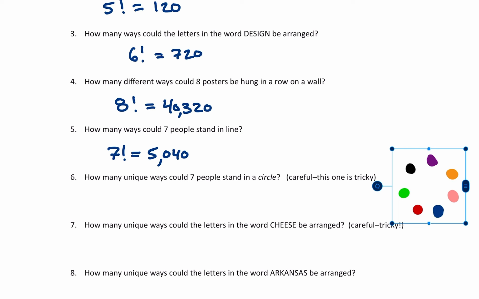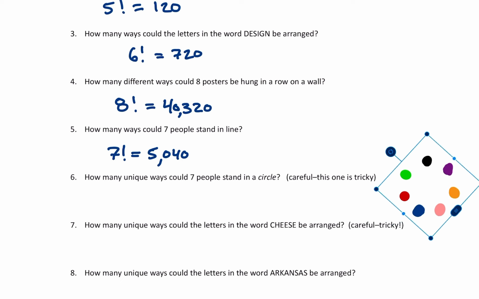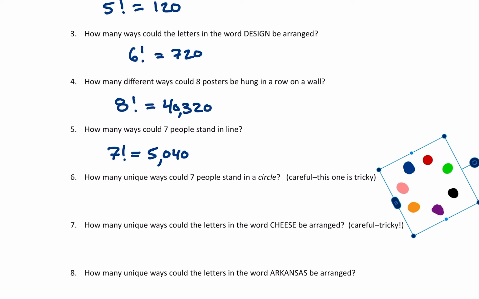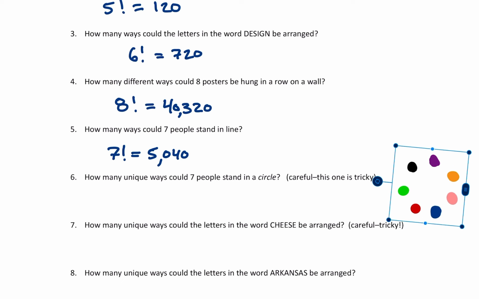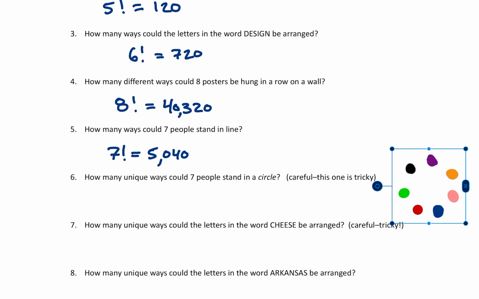Now, they're in a different spot for sure, but they're not in a different order. The black is still next to the purple, and the purple is still next to the orange. And I can do that again and again. I can rotate it all the way around. It's still the same order, just in a different rotation.